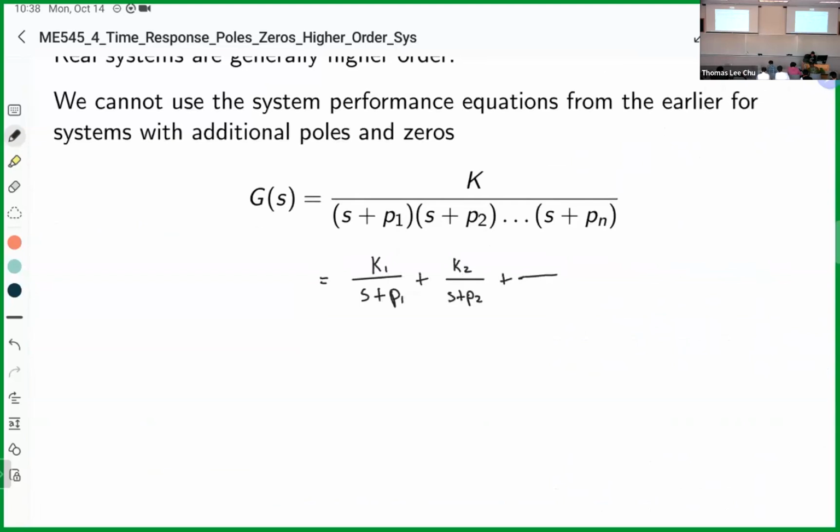And then maybe we have a pair of complex conjugate poles, (K2 S plus K3) divided by S squared plus 2 zeta omega n S plus omega n squared. Now maybe I'll call this 1 for the first pair.